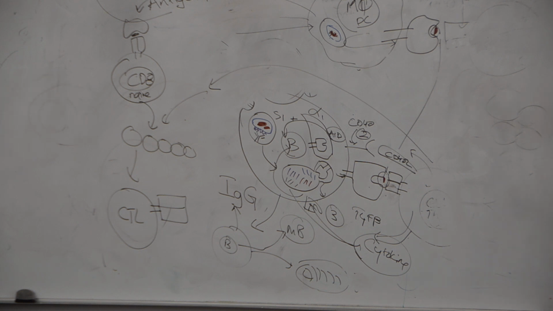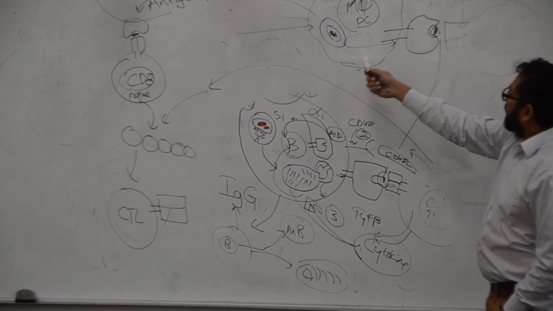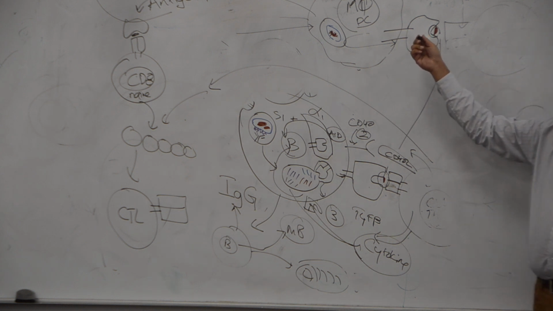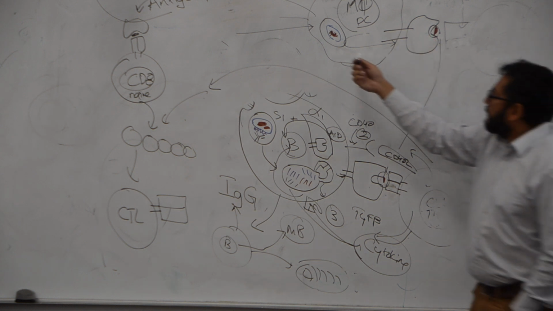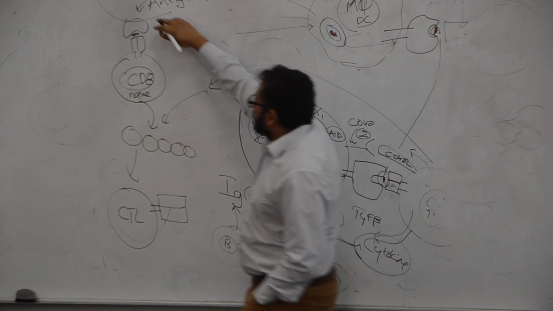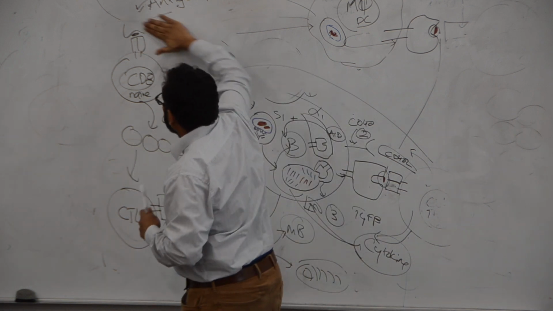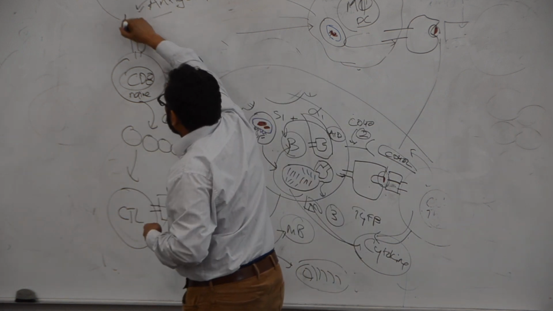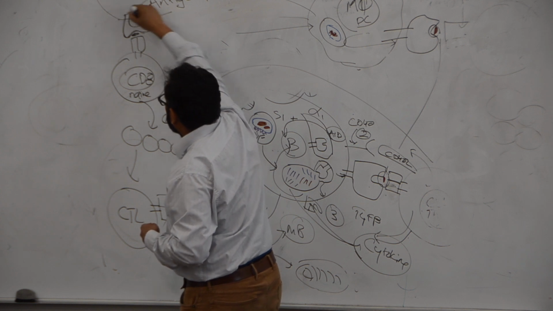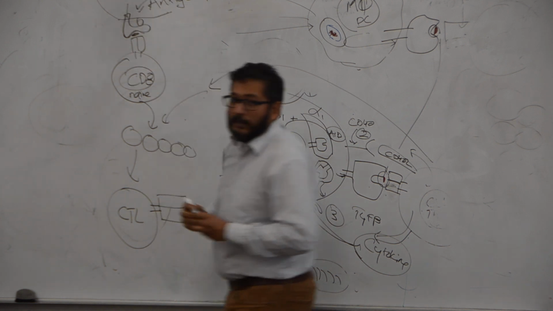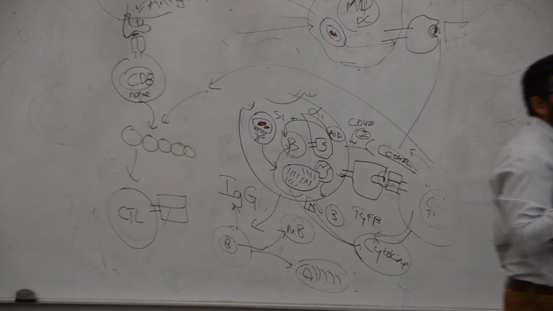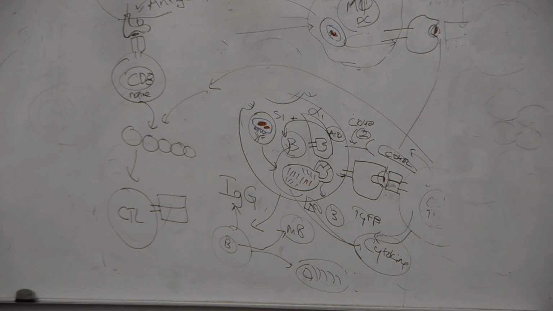So this antigen presenting cell is expressing something on MHC class 2, and also needs to express something on MHC class 1. Okay? So for an antigen presenting cell to present antigen both on MHC1 and on MHC2, this whole pathway is a dilemma.